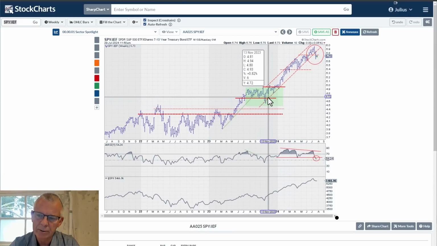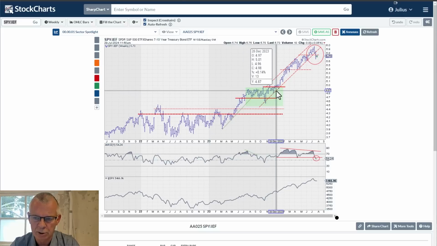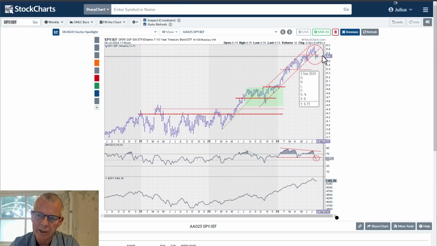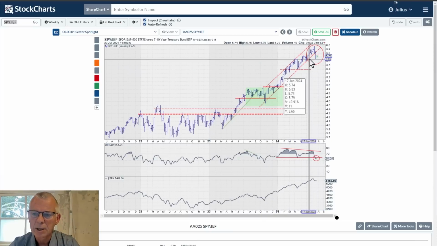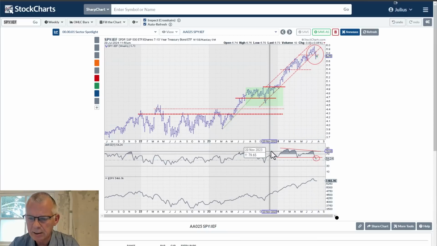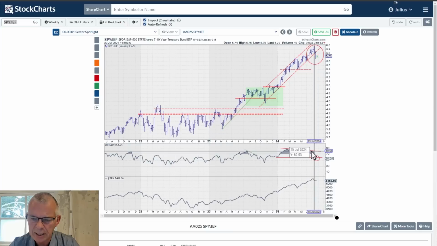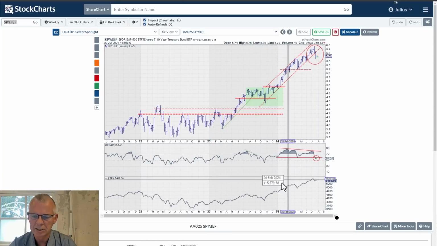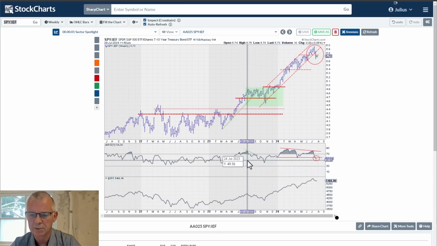Here you see the preference for stocks over bonds when the trend moves up, and vice versa when the trend moves down. And there is a very clear break of trend. We break below the previous low in that ratio. And here the divergence is pretty clearly visible. And this is the chart of the S&P 500 for reference, by the way.